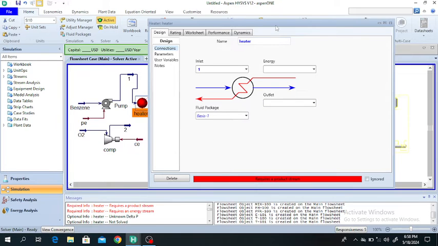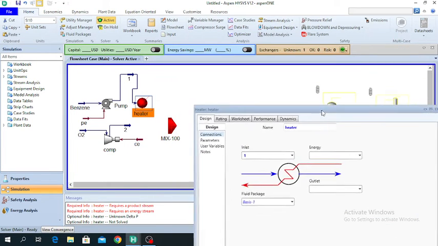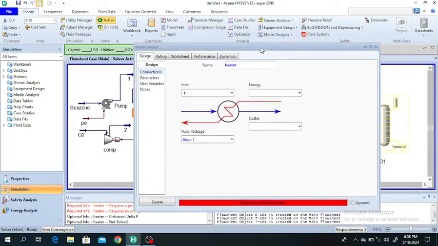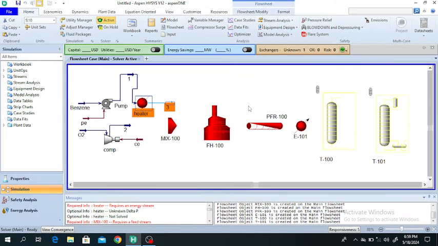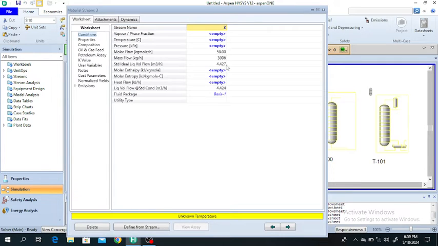The outlet of the heater is stream number 3. Suppose stream number 3; it shows require energy stream. So double click on stream number 3, and the heater increases the temperature of the pressurized benzene from 30 degrees to 120 degrees centigrade. I'm assuming 120 degrees centigrade.